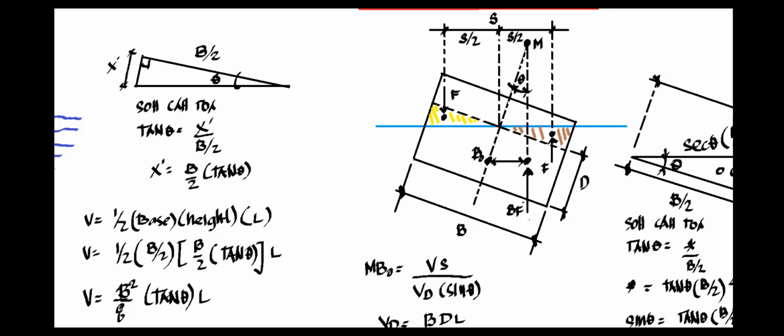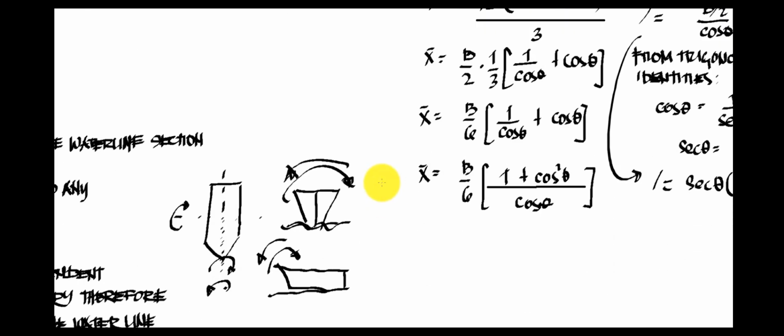And the value of your x bar, the location of the center of gravity, will be the S divided by 2. That will also be equal to your x bar. Now substituting that here, S is equal to S divided by 2, so we can transpose that.